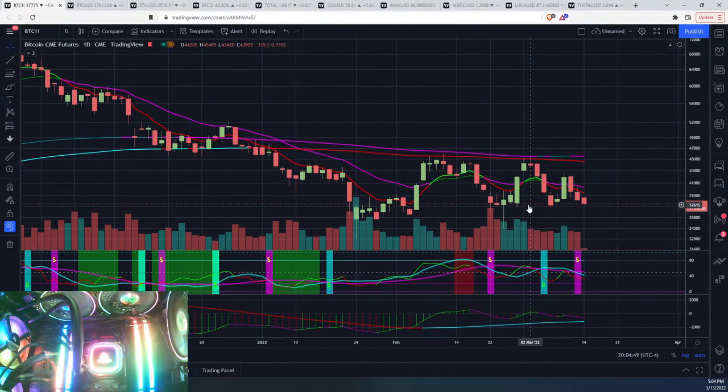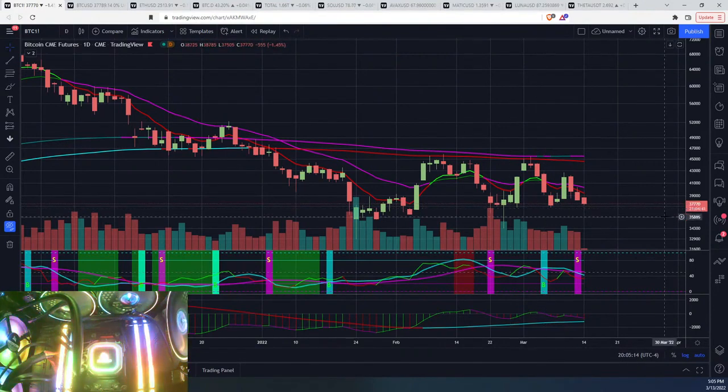So if we break down below this level right here, which was the 37,600 level, that tells us that we're seeing extreme weakness because we're no longer putting in higher lows. We're breaking that range, which essentially is the move that's taking place as we film this. So a breakdown below this level of, let's say, 37.5 is going to be a lower low than these previous ones. This is our third touch on that horizontal support line.